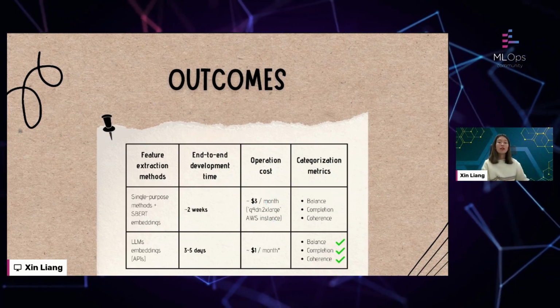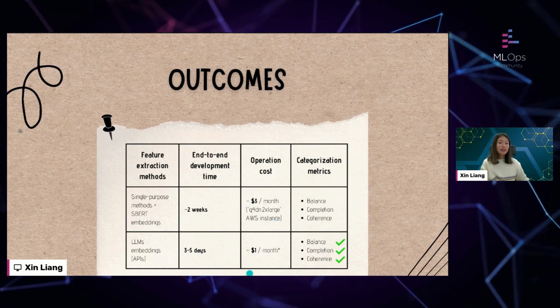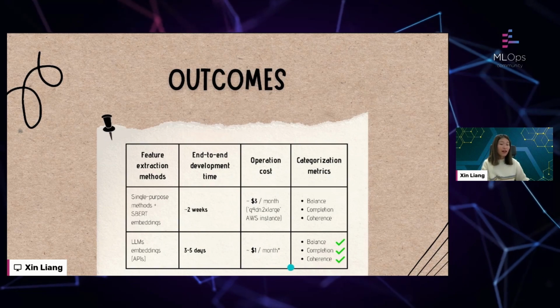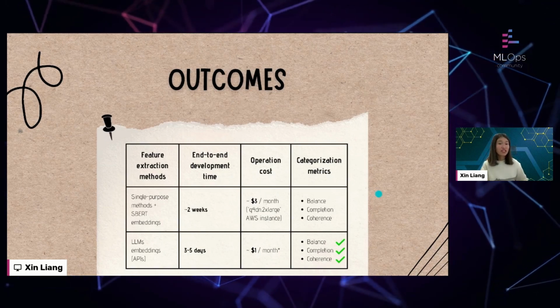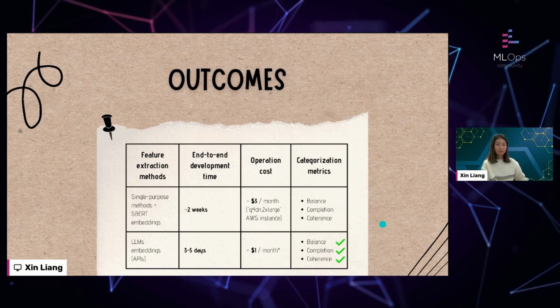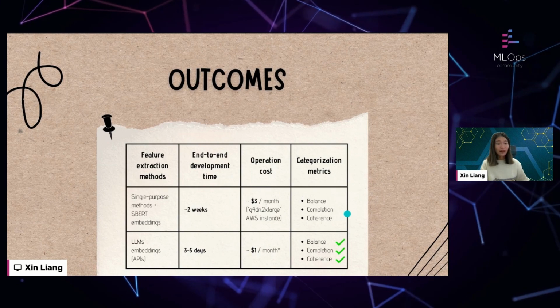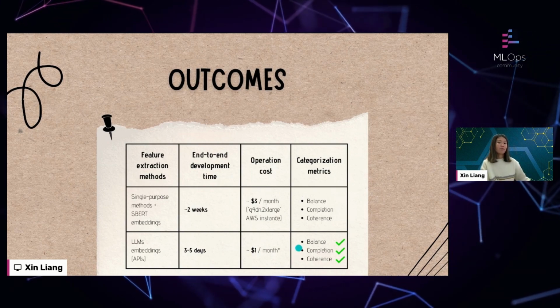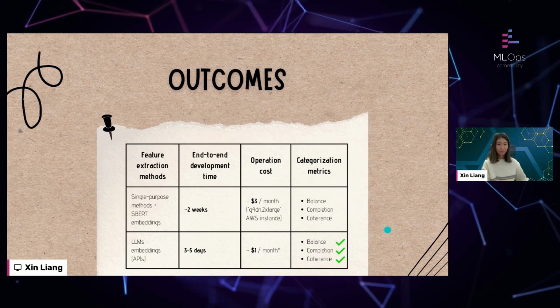That's the training cost, and that of the LLM embeddings would be about 1/3 of that. And as we discussed in the previous slides, LLM embeddings can achieve the highest scores for all the metrics defined for this task.